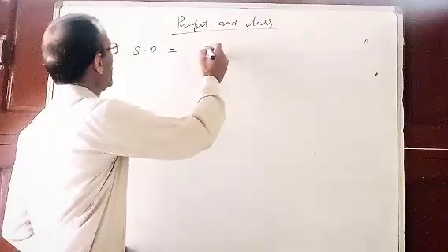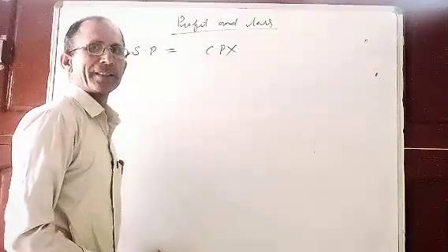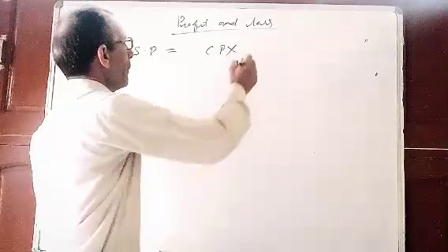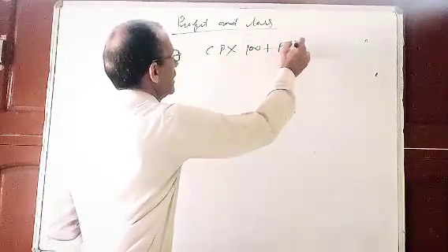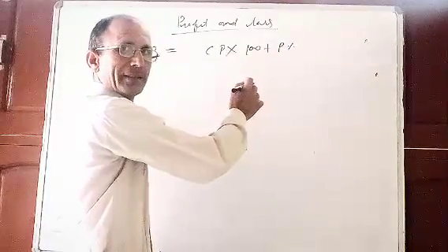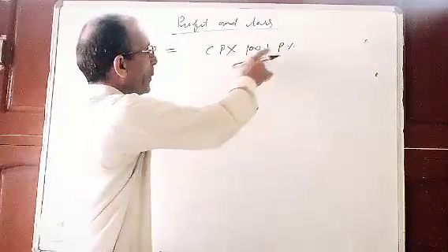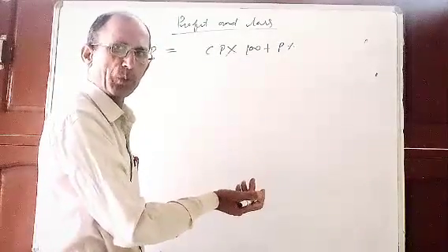SP will be equal to CP multiplied by 100 plus profit percent if there is profit. See this properly: if there is profit, you will add. It means 100 plus profit percent.